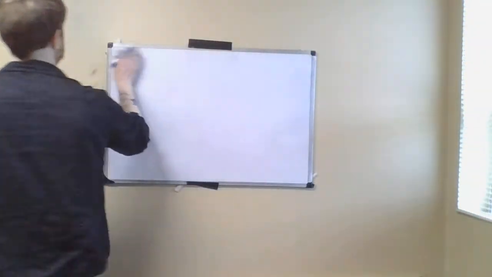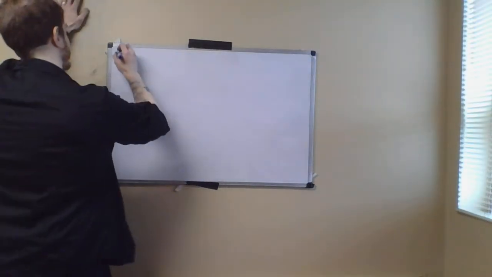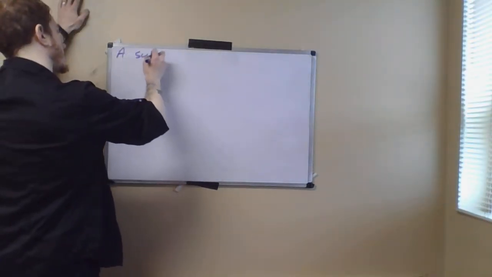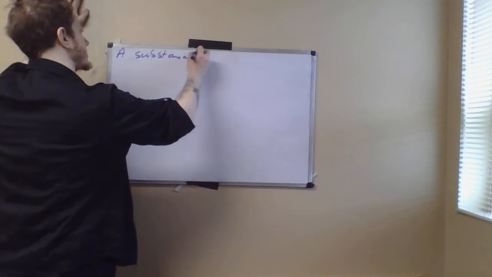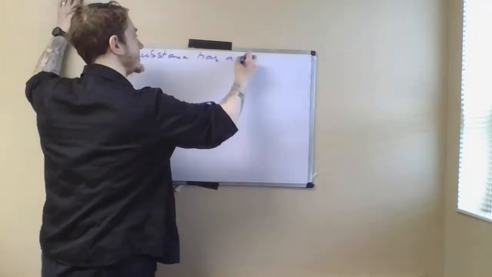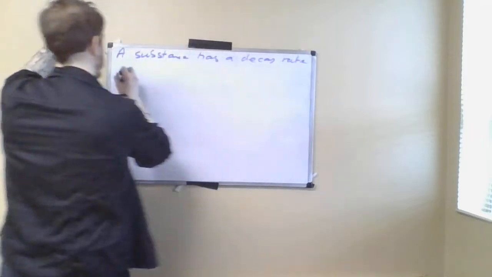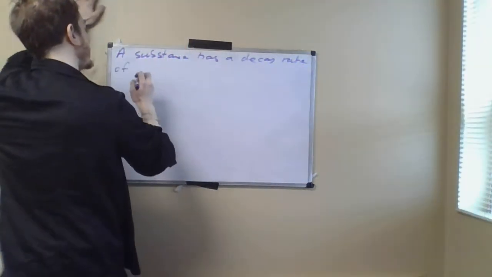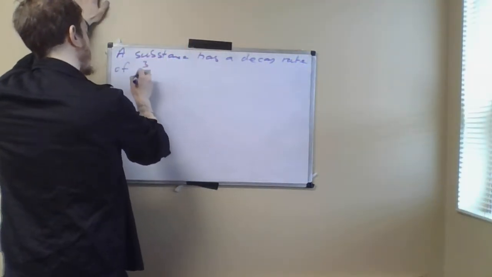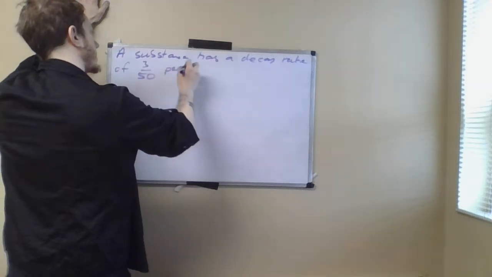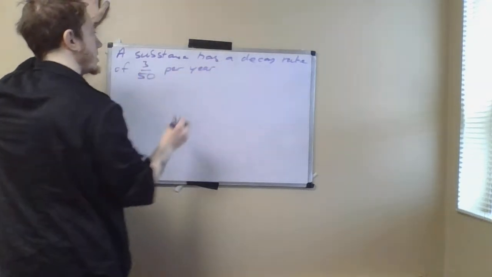So let's suppose that a substance has a decay rate of, let's say, 3 over 50 per year.